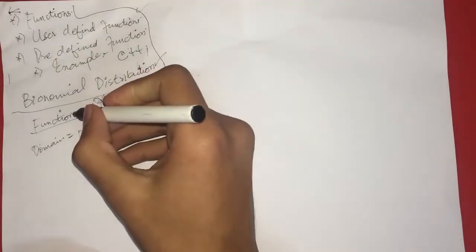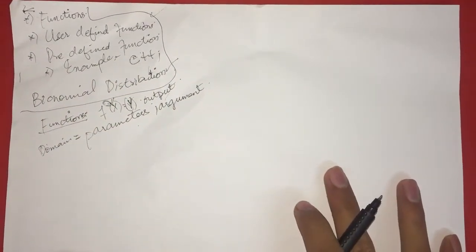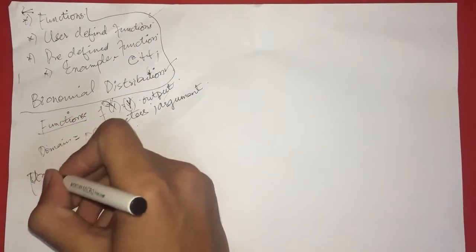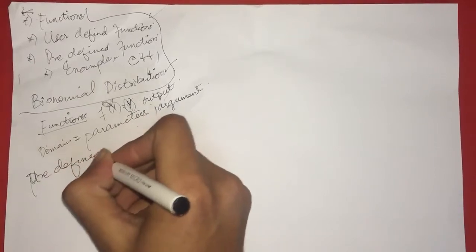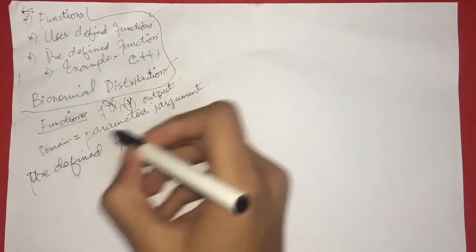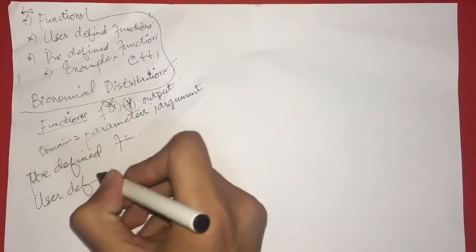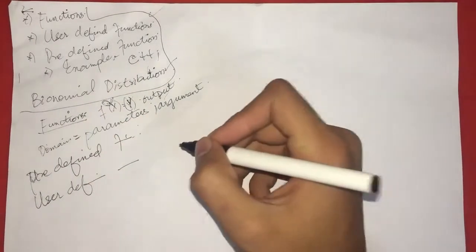So let's discuss what functions are in C++. They're basically the same thing. In C++ there are two types of functions: predefined functions and user-defined functions. So what are predefined functions?